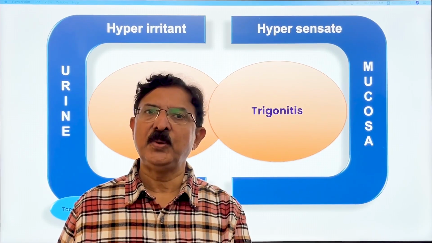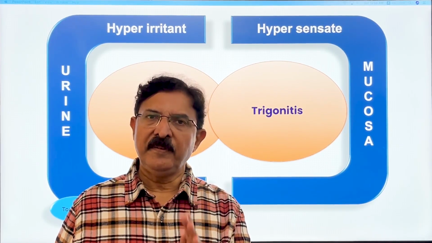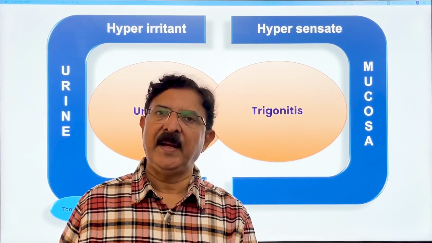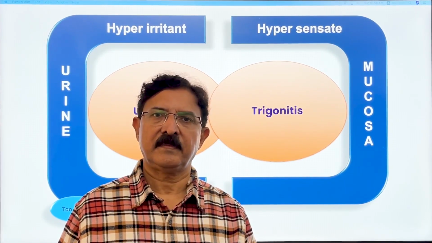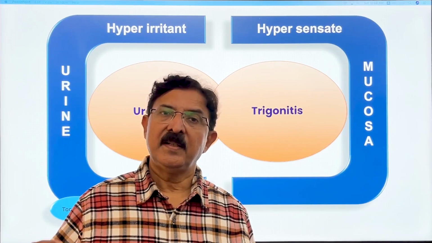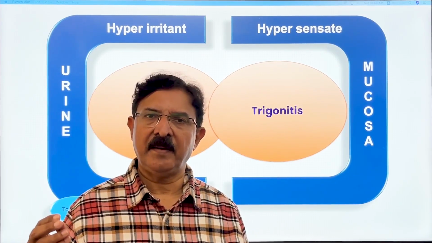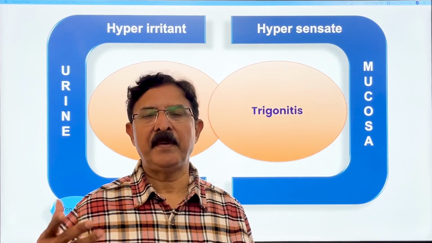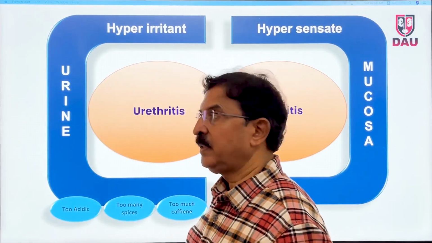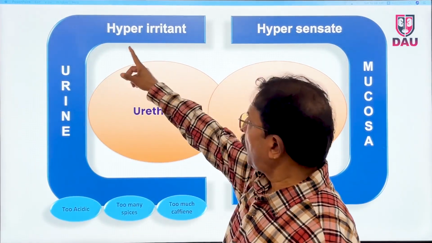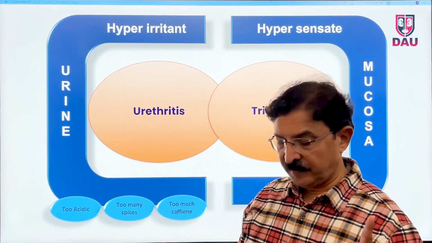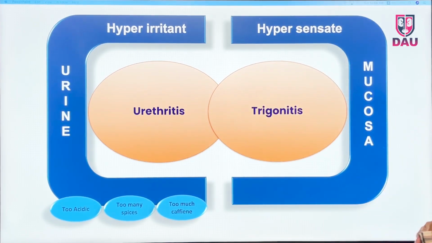So if there's dysuria because of infection, dysuria will happen in every episode of urination. But if the patient says, sometimes after breakfast I have burning pain, the rest of the day I am fine, sometimes it happens, sometimes it goes, when this is the feature in the patient, you are probably handling a case of hyper-irritant urine, not a case of hypersensitive mucosa.